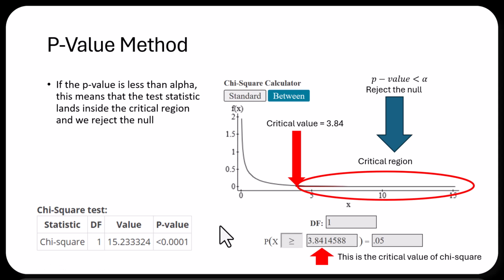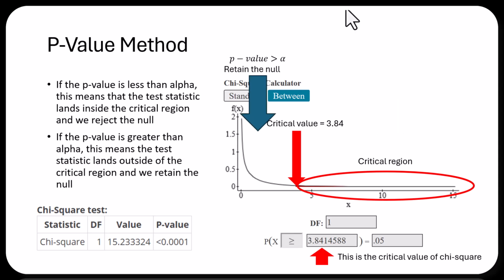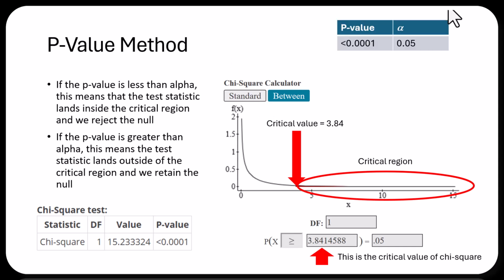If the p-value is less than alpha, this means that the test statistic is landing inside the critical region, and that leads us to reject the null. If, however, the p-value is greater than alpha, that leads us to retain the null. As you can see from this table, the p-value is much smaller than alpha. Therefore, we must reject the null.